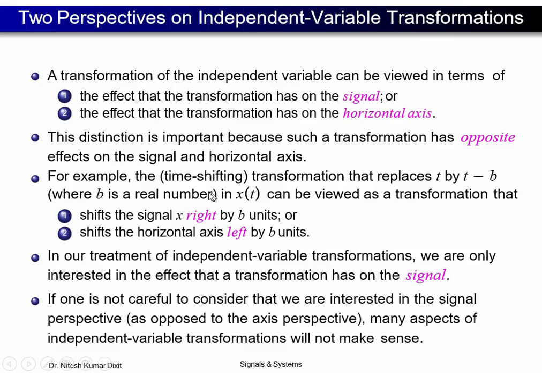For example, a time shifting transformation that replaces t by t minus b in x(t) can be viewed as a transformation that shifts the signal x right by b units, or shifts the horizontal scale left by b units.